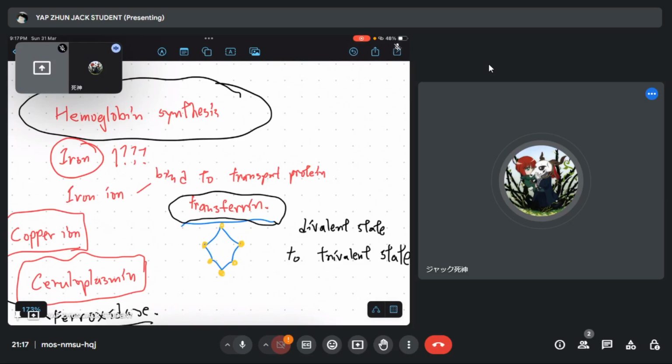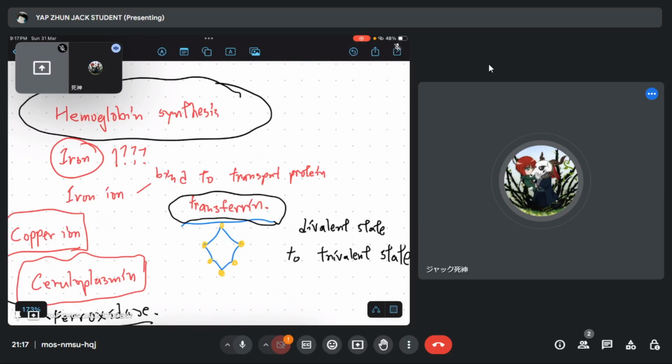It will oxidize the iron from divalent state to trivalent state, so it can bind with the transferrin to synthesize the hemoglobin. The prefix ferro means iron, then oxidase. So ferroxidase oxidizes the iron.